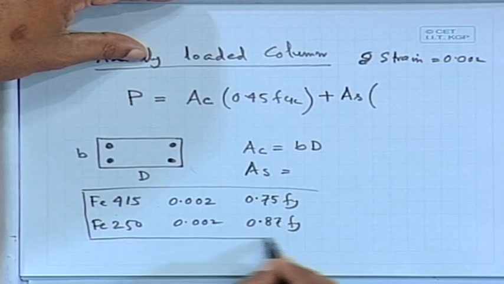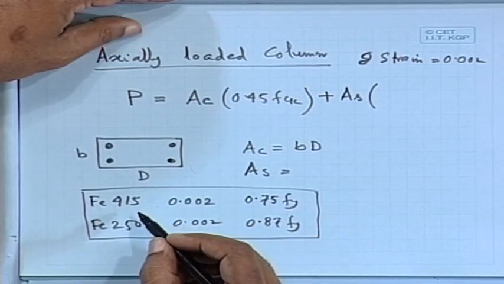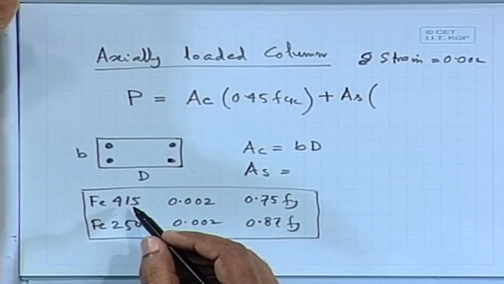So we shall get two different formulas, one for 415 and another for 250.